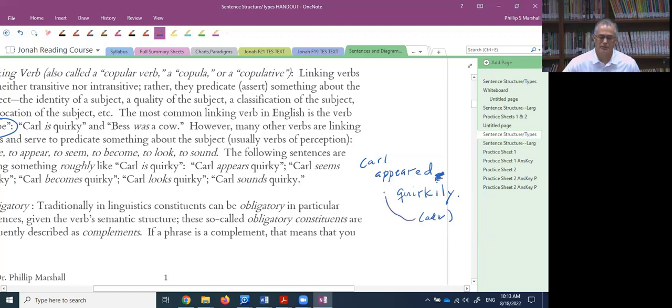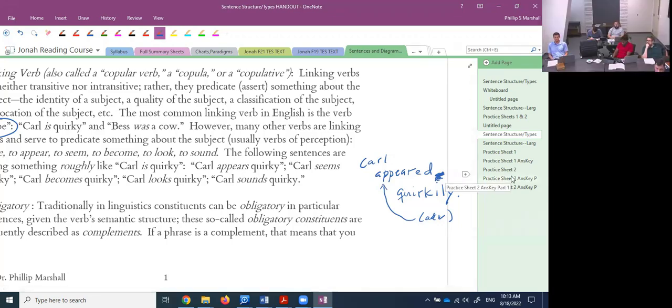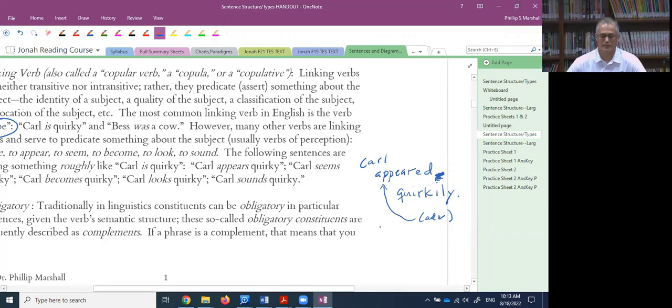And it's telling you not about Carl, but about the verb appearing. His manner of appearing was quirky. But when I say Carl appears quirky and I use an adjective here, I'm not telling you about the verb appear, I'm telling you about the subject Carl, right? Carl is quirky based on that sentence. Whereas in Carl appeared quirkily, the appearance is being described as quirky. Does that make sense? Yes.